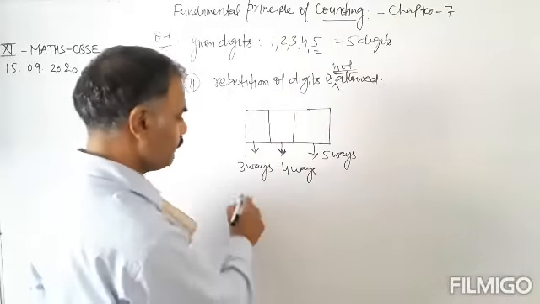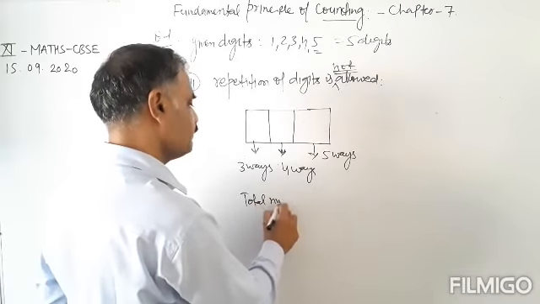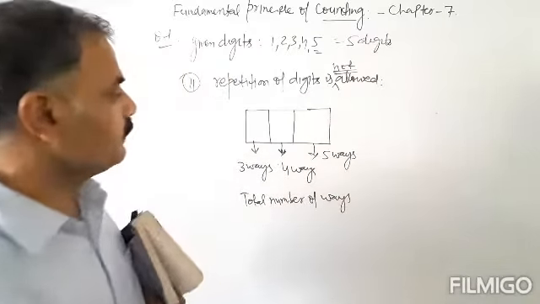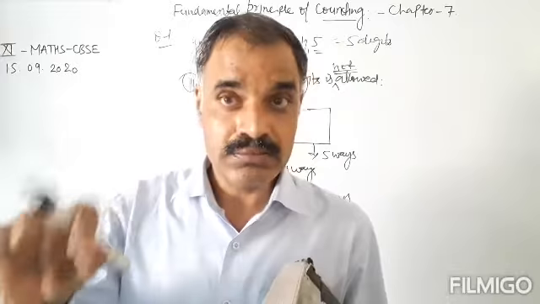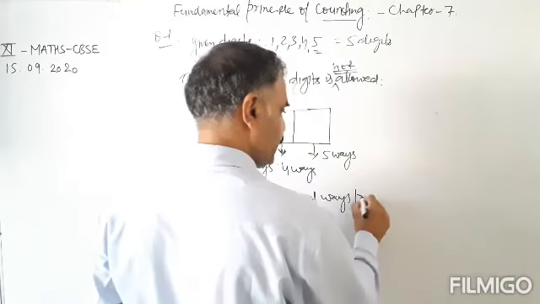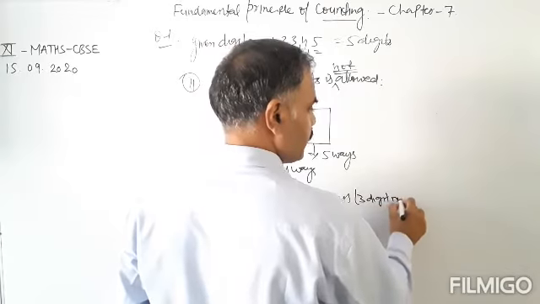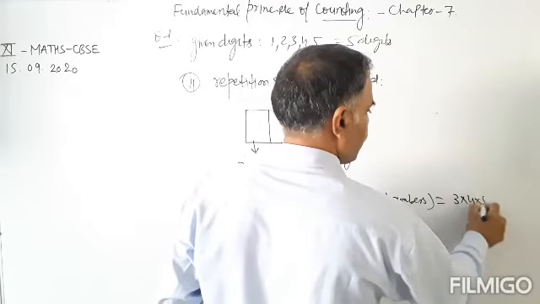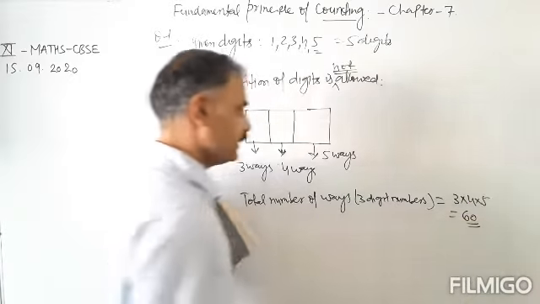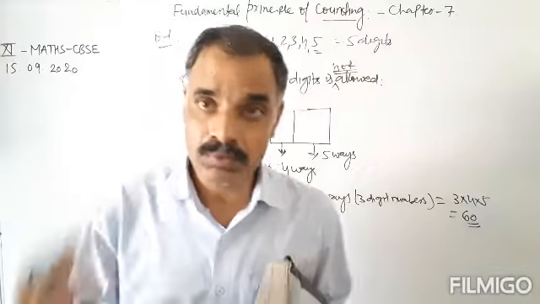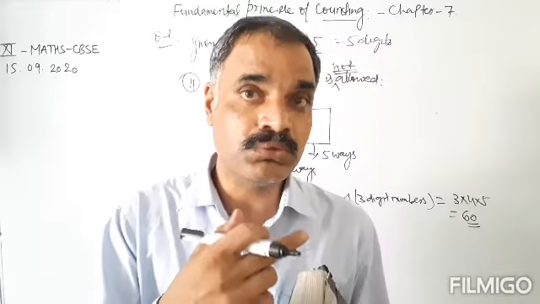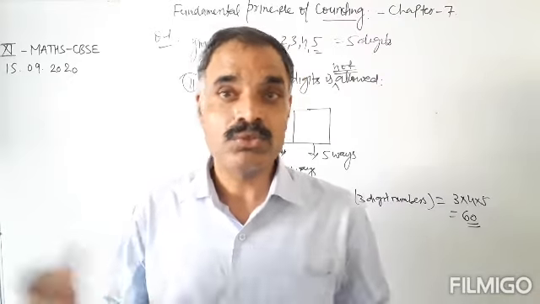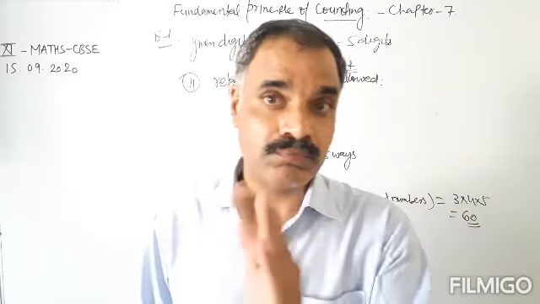So the total number of 3-digit numbers equals 3 into 4 into 5, that is 60. So 60 three-digit numbers can be formed using the 5 digits 1, 2, 3, 4, 5 without repeating the digits. So this was the second part of the first question.